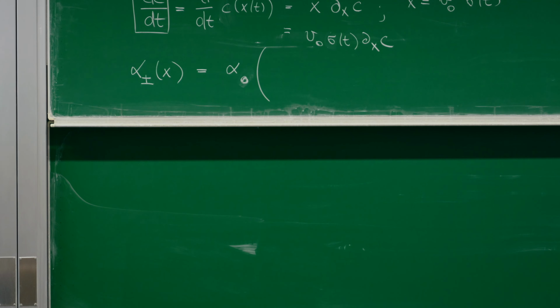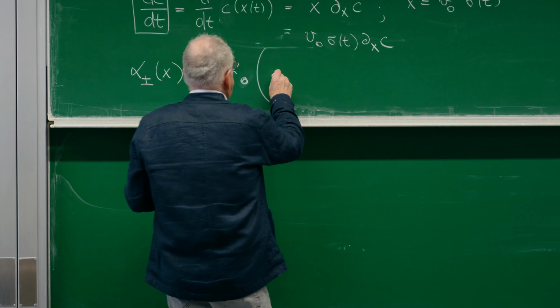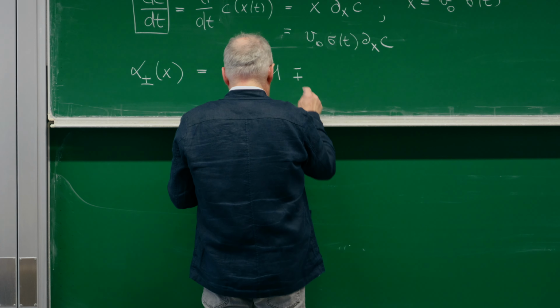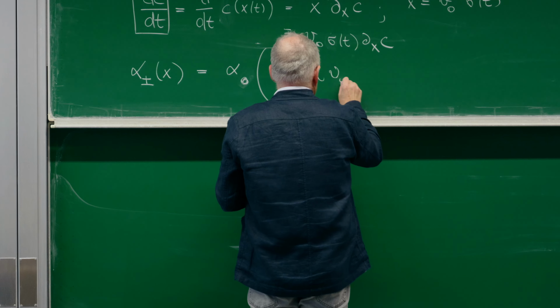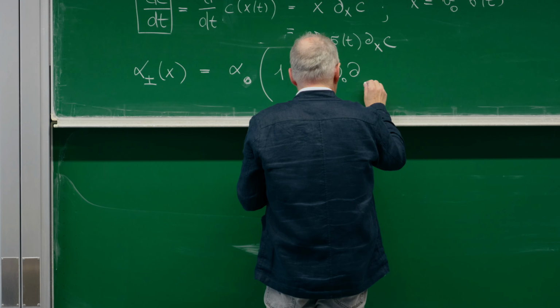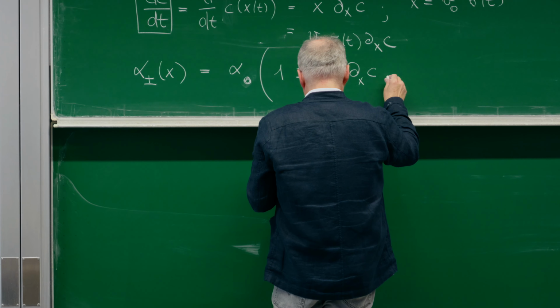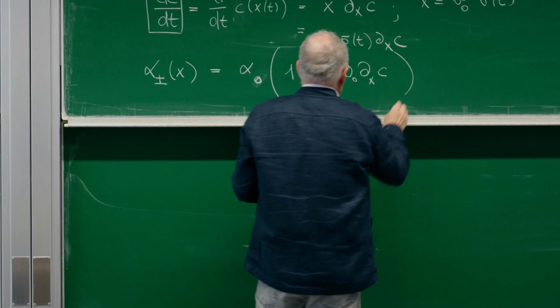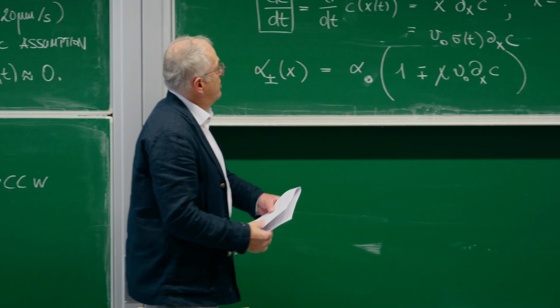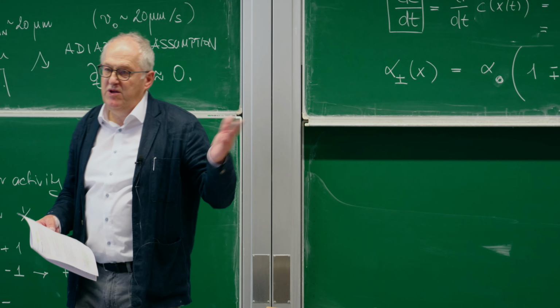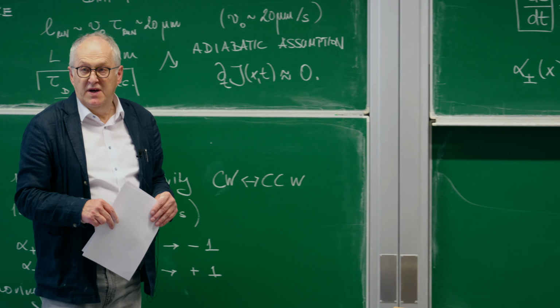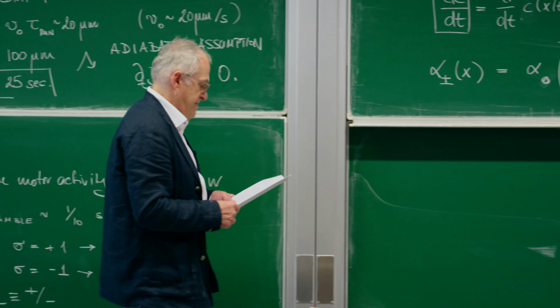And then you have 1 minus or plus chi v naught dxc. Right, so I'm basically writing here what I found here on the top. It's sensing d/dt, and I'm rewriting d/dt in this form that we wrote down here.